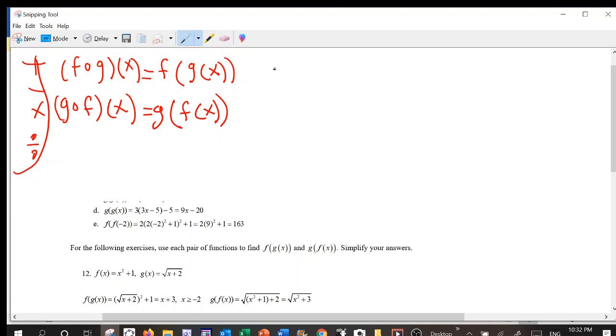For example, if we have f of x equals, let's say x, make it simple, and g of x equals 3x minus 1, something like that. So what does this function do? This function takes x and gives you what?